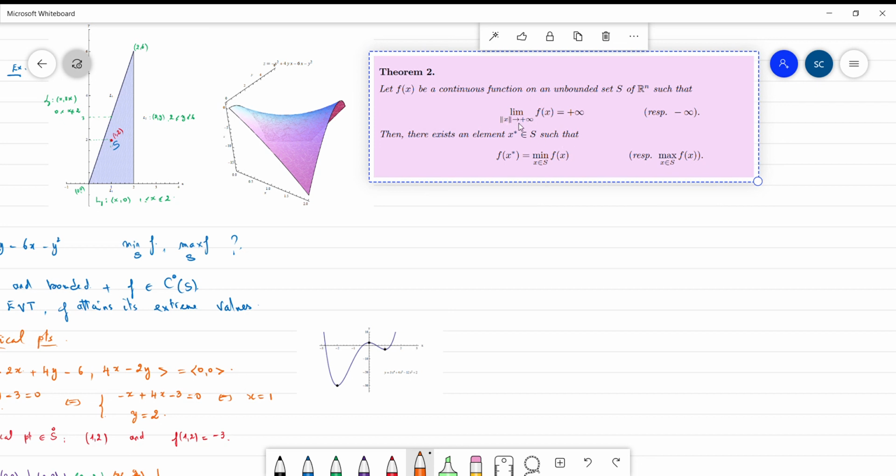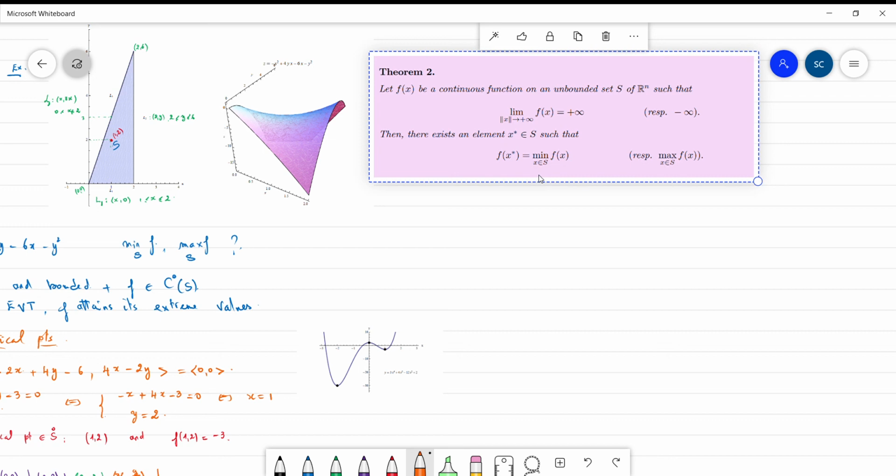If on both sides, with the norm of x large enough, it's plus infinity, then for sure the minimum is attained somewhere on your set, without requiring convexity of the domain or convexity of the function, or regularity more than continuity, which is a strong result.